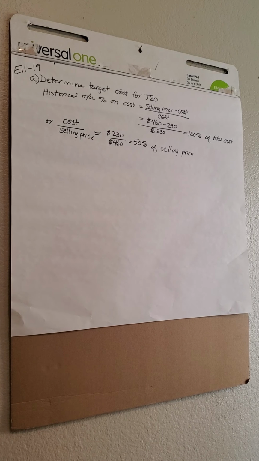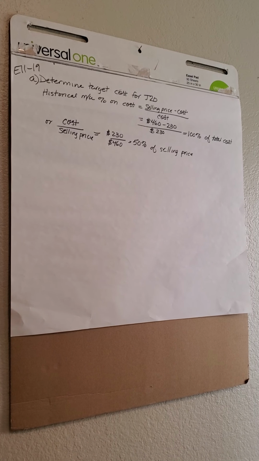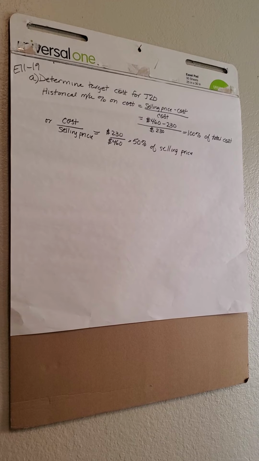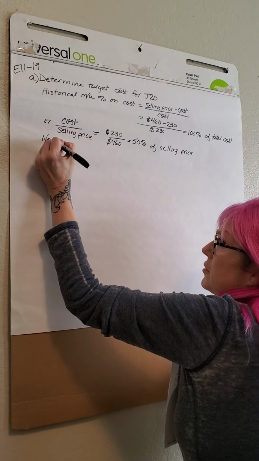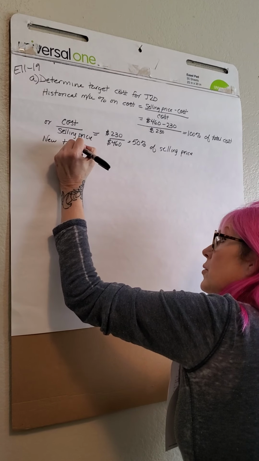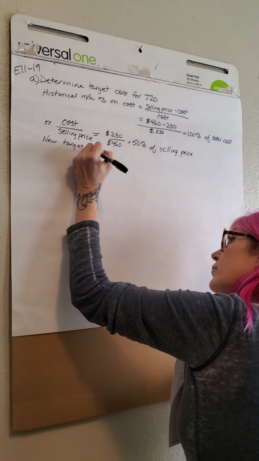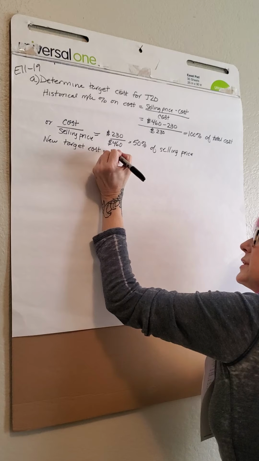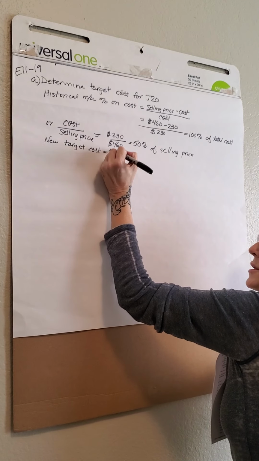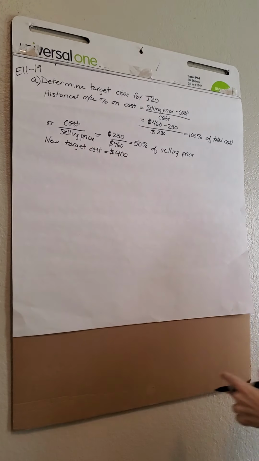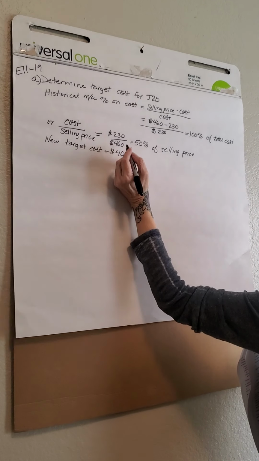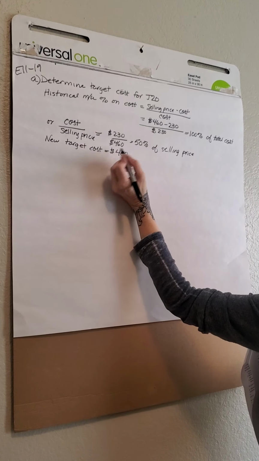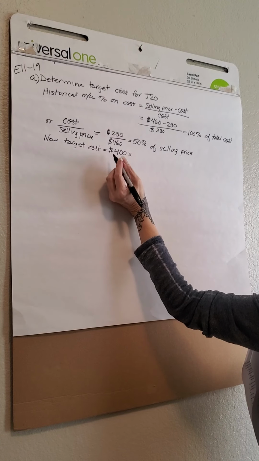So now we can come up with the new target cost that we want to look for. So to get the new target cost, it's going to equal the new selling price of $400, multiplied by the markup on the selling price of 50%.